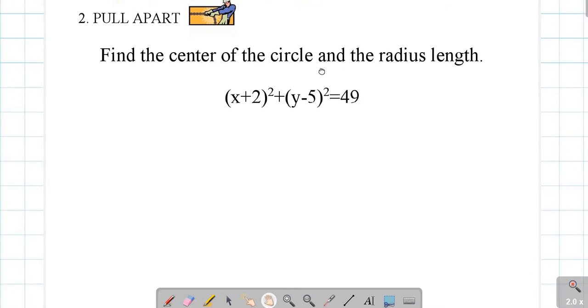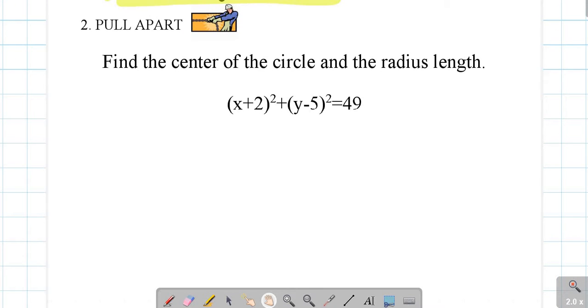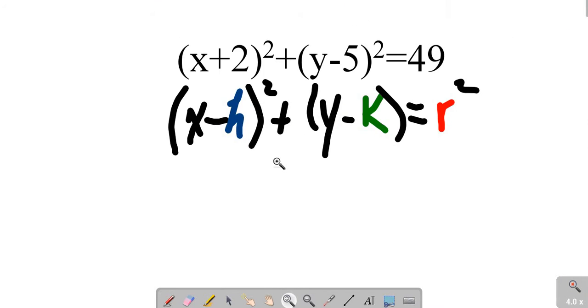Now, pulling apart is even easier. So you start with an equation of a circle. Step 1, you write the original equation right underneath it. (x - h) squared plus (y - k) squared equals radius squared.